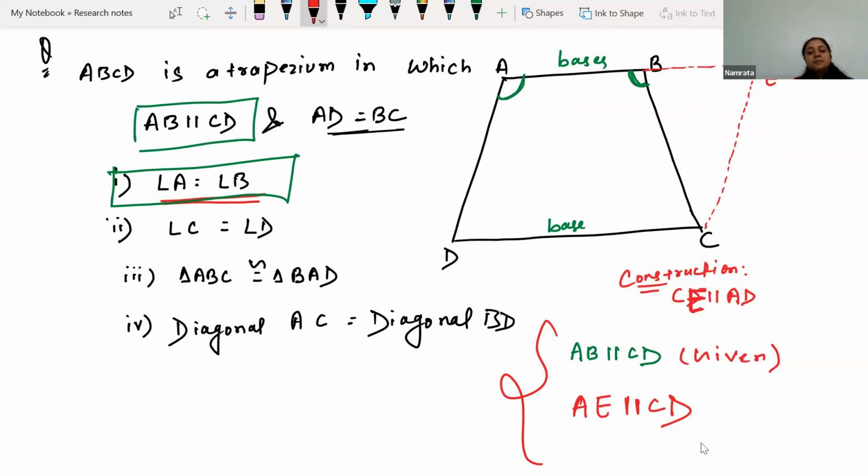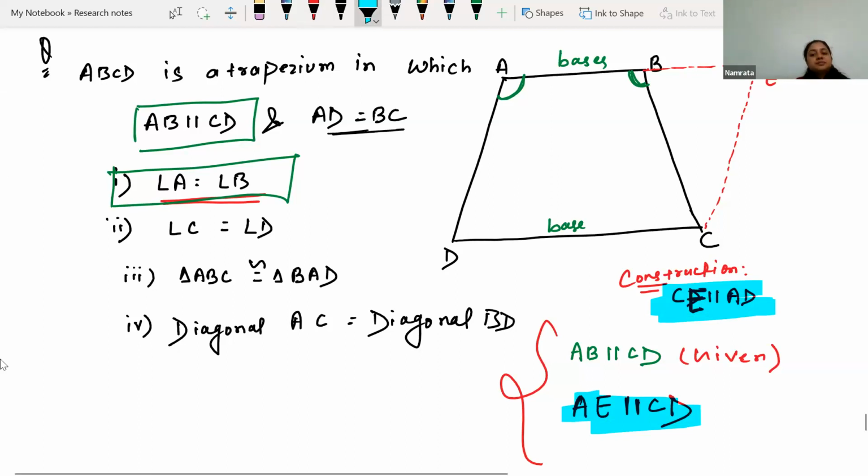Now, can we say that AE is parallel to CD and CE is parallel to AD? Let me mark it. Hence, it's a parallelogram. Look at the figure and the highlighted part.